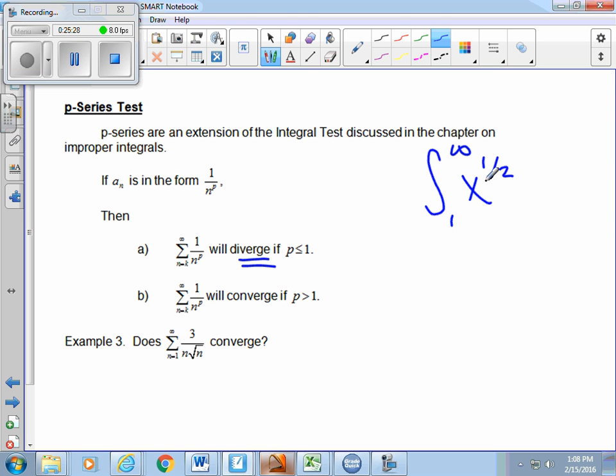And when I get to the 3/2 power, that's when I have infinity to the 3/2 power, and that diverges, right? What happens when I subtract 1 from something greater than 1?